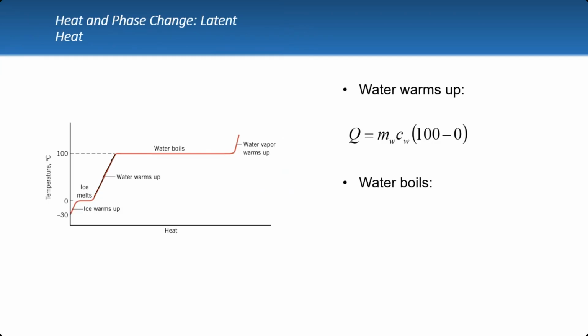The melted ice will be warming up. It can keep warming up until it reaches the boiling point. So I heat it up, it reaches 100 degrees Celsius. The amount of energy involved in this heating is given here, m c delta T again, but for water now, not for the ice. Now at 100 degrees Celsius, the water will boil.